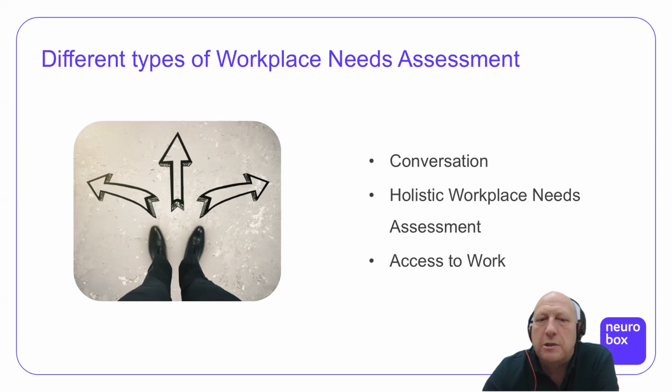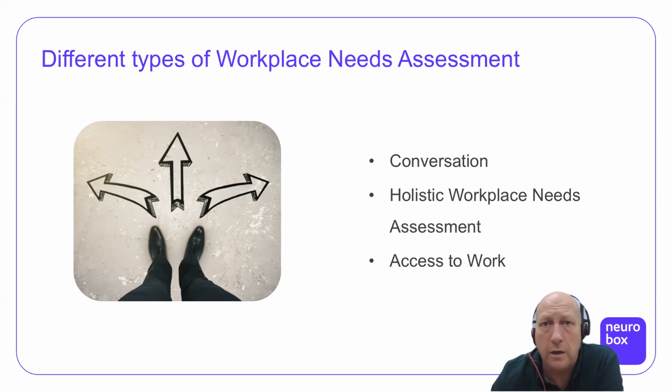There are some differences between an Access to Work assessment and let's call it a private assessment, a holistic assessment. Because Access to Work exists to provide support with the funding of adjustments, the reports themselves tend to focus on just the adjustments which actually have a cost attached to them.